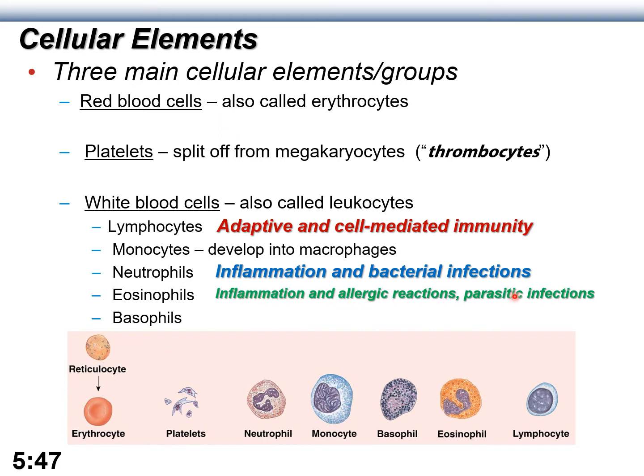But you can think in terms of function: parasitic reactions in particular, allergic reactions. Basophils are big time for inflammation, non-specific immunity. They are full of granules called histamine, and they're involved in the inflammatory signs and symptoms that you associate with inflammation. That is swelling, redness, heat, and so forth. That's the role of histamine, pain. That's the role of the basophil.